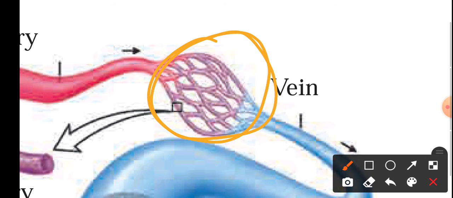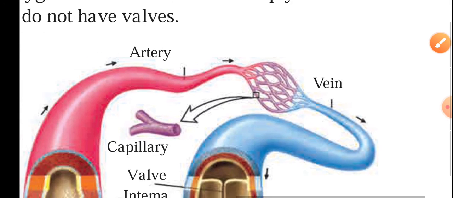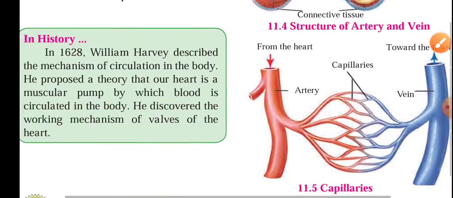Capillaries are the junction of arteries and veins in the body. They are connected with each other by the capillaries. They are very thin hair-like structures, we can call them. They are very fine tube-like structures which give out the blood into the cells, and then it is recollected from the cells. You can see that they are recollecting and bringing it back to the vein, and here it is getting distributed into the capillaries. So these capillaries are also one important part.